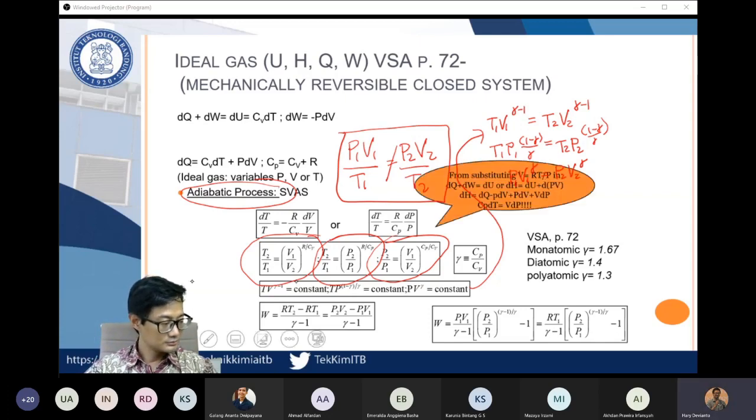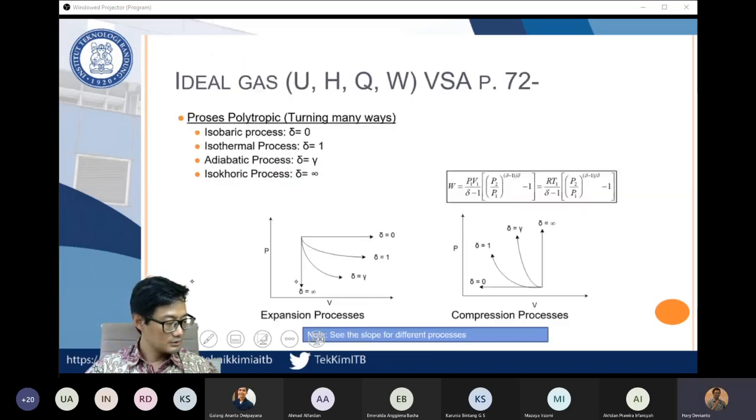Now, remember the expansion and compression process that we just discussed. This is how you draw it in a PV diagram. Pasanggono already emphasized this one as well. I just want to repeat, so hopefully you can understand this one in detail.